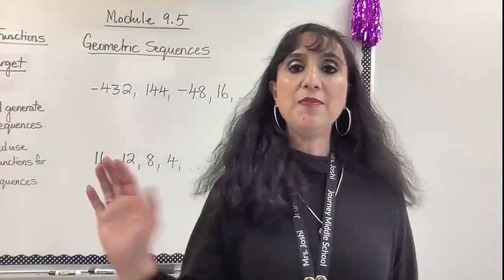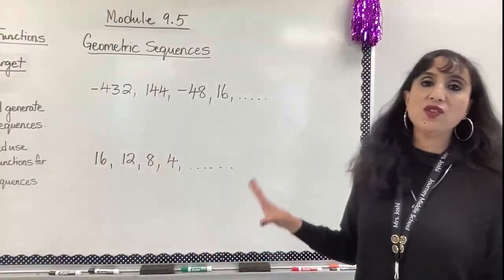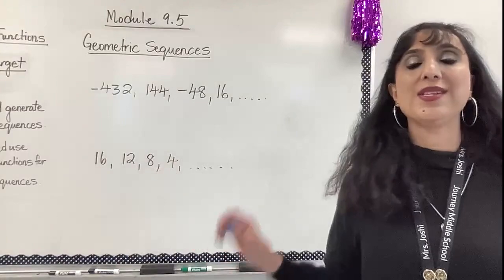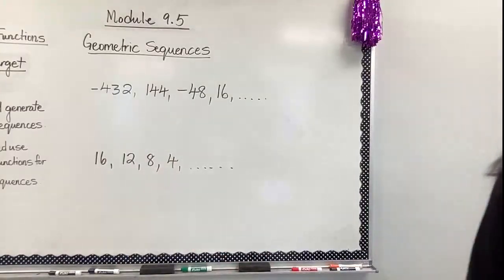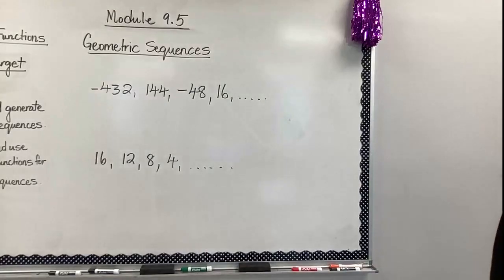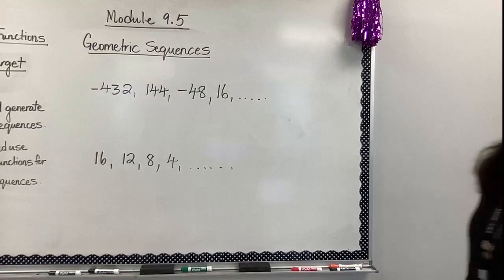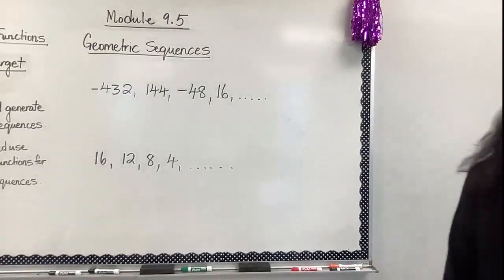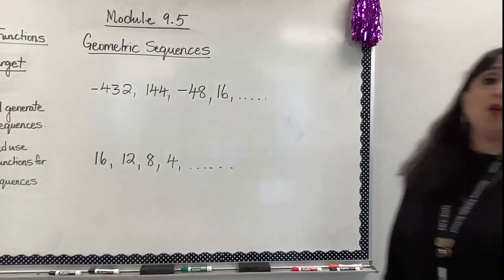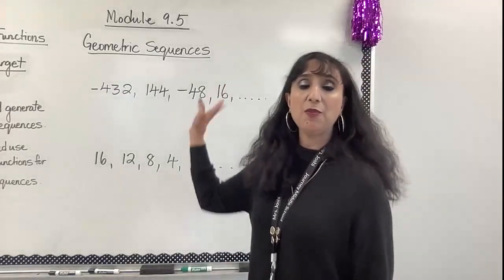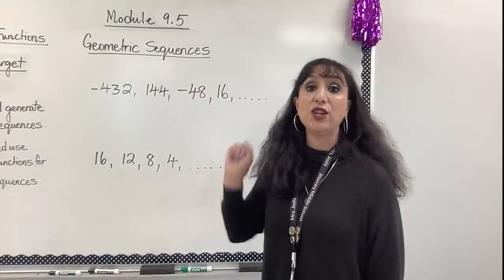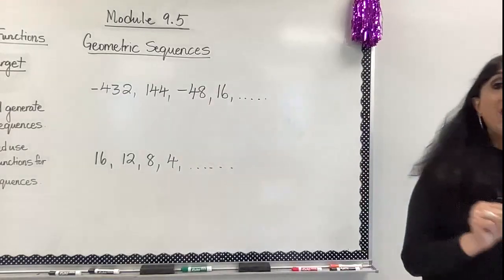I put two questions over here, and we're trying to see if each is a geometric sequence or not. First, I need to know that dividing a term by the previous term results in a common ratio, which is my r.